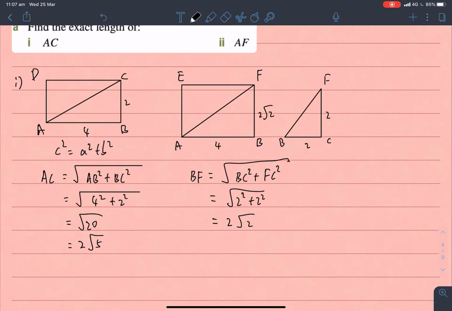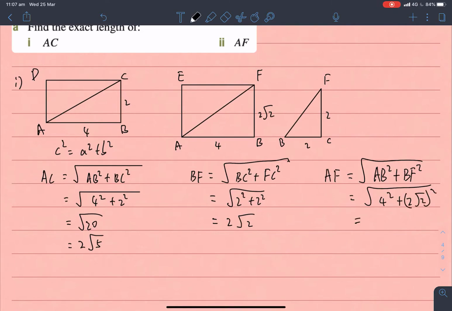Then again, we use exactly the same method. AF equals the square root of AB squared plus BF squared. So 4 squared plus 2 square root of 2, bracket squared, don't forget the bracket.